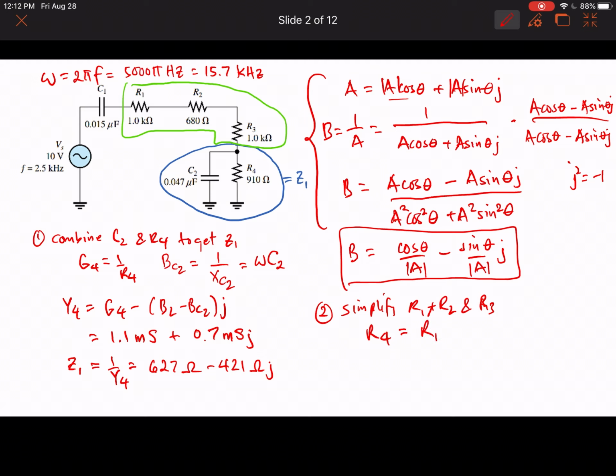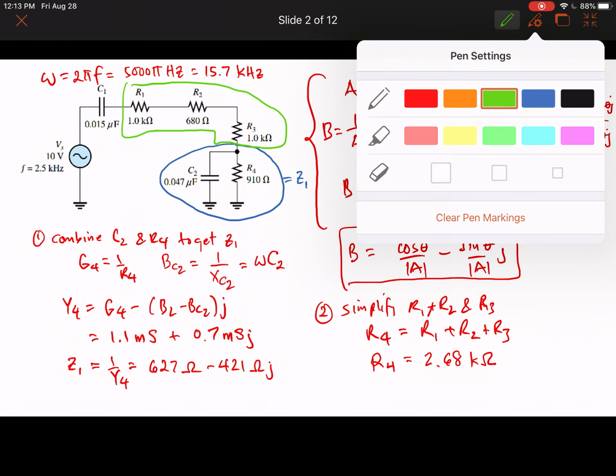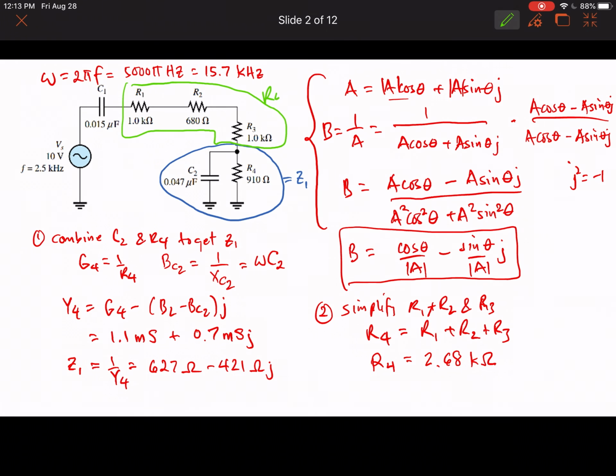R1 plus R2 plus R3 is equal to R4, and this will give us about 2.68 kilo ohm. We call this our R4.